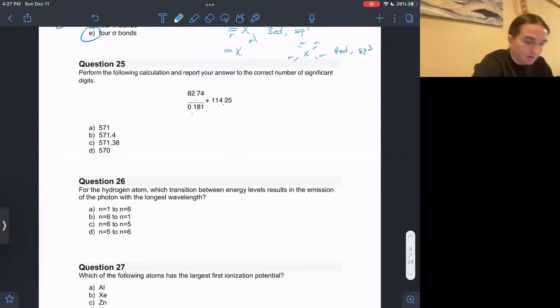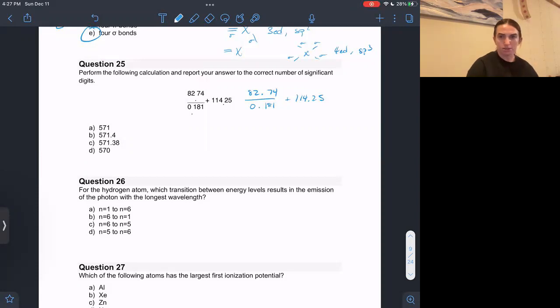Okay. So this is looking a little funky here, but it is 82.74 divided by 0.181 plus 114.25. Okay. So this one is perform the calculation, report your answer to the correct number of significant digits. So I have 4 on my numerator and then 3 on my denominator.